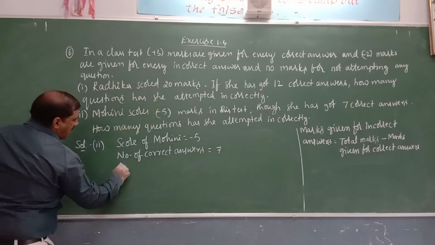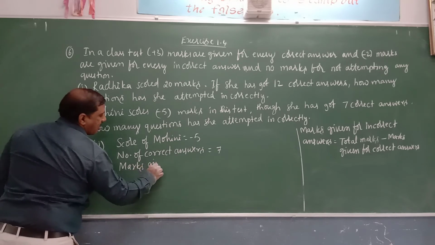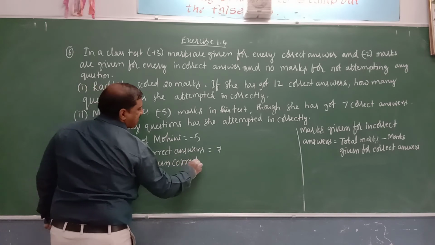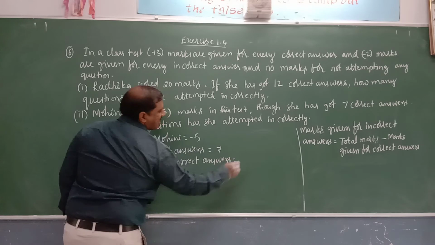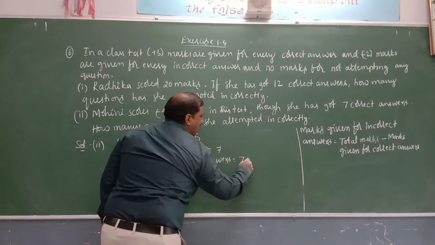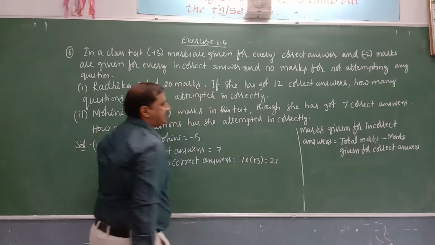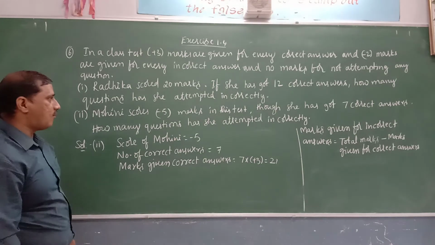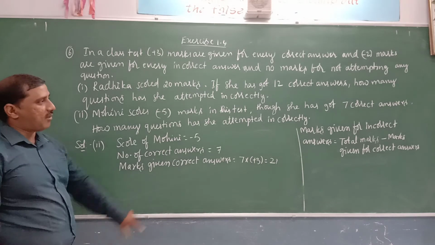Now marks given for correct answers. For each correct answer, how many marks were given? Plus 3, and she wrote 7 correct answers. 7 into plus 3, that is 7 3s are 21. It is simply 21.